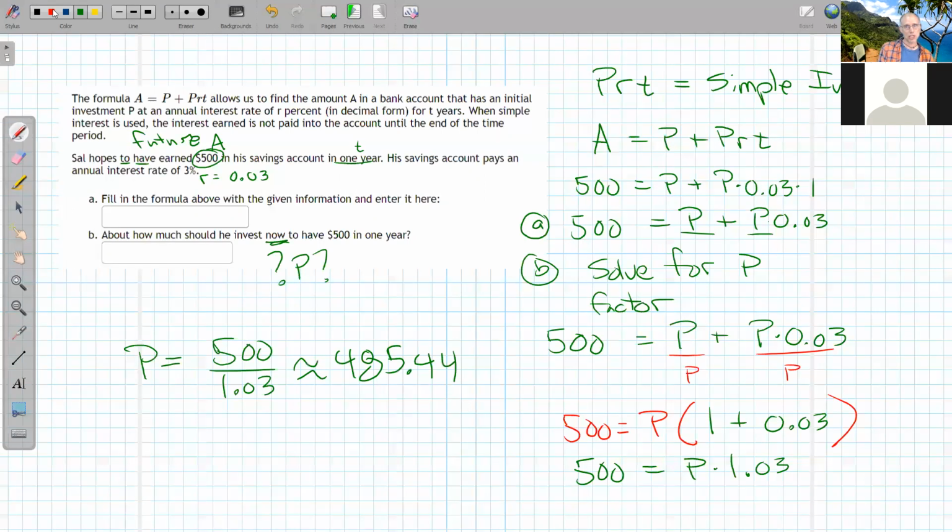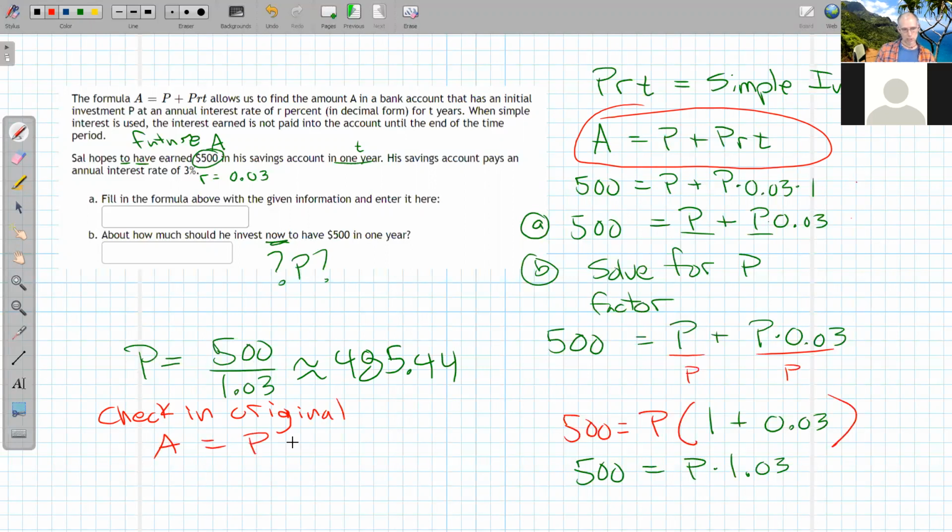So next I'm going to check this using the original equation. So we always check with the original, not some modified version, because we could have made a mistake anywhere. So check in original. So the original says A, the future amount, is equal to P plus PRT.